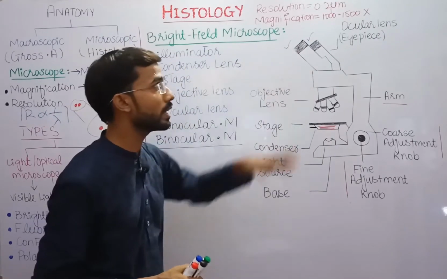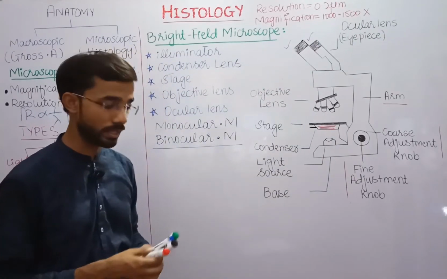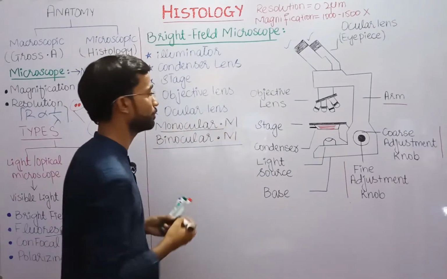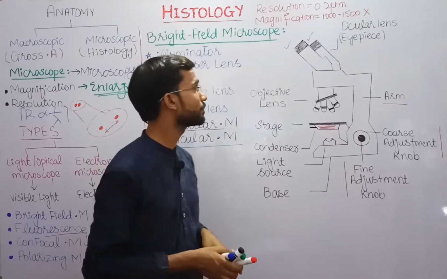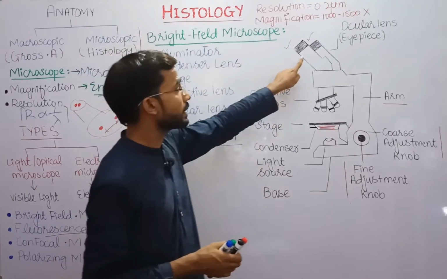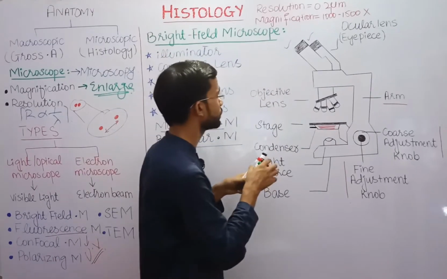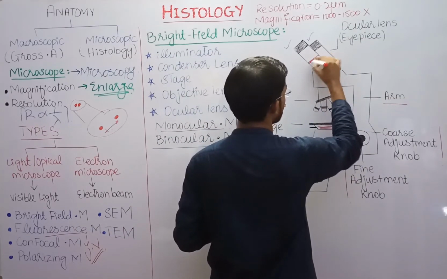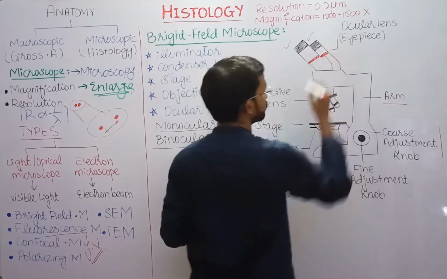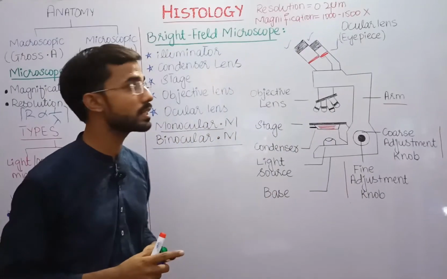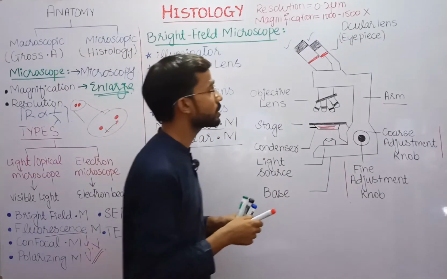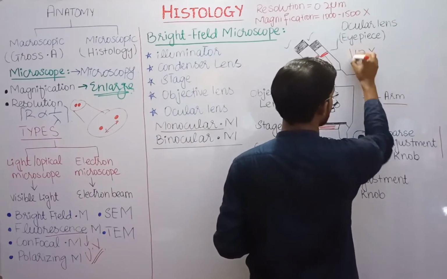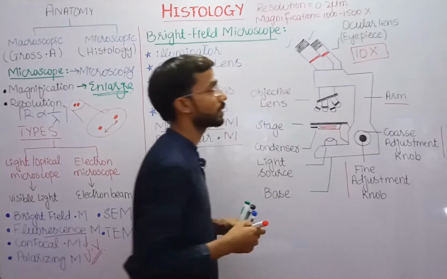If the ocular lens is 1, then it is called a monocular microscope, right? It has a lens in it which can magnify the image 10x, 10 times.